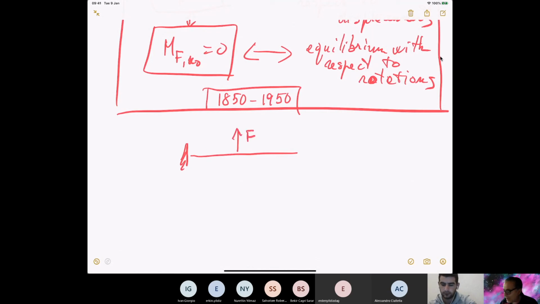Find the equilibrium shape of a beam when you have a concentrated force in one point. This is for sure a problem that everybody who studied engineering has learned to solve. Okay.